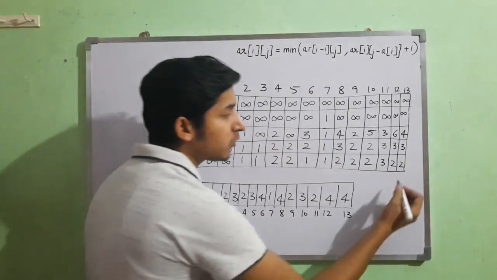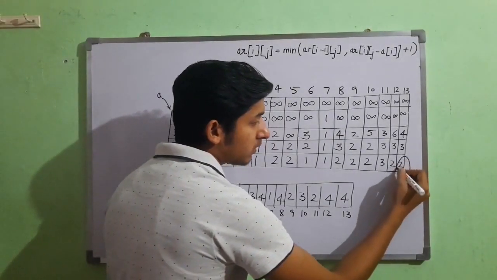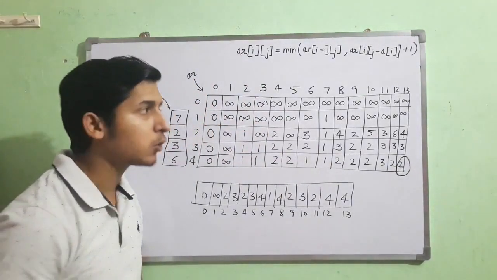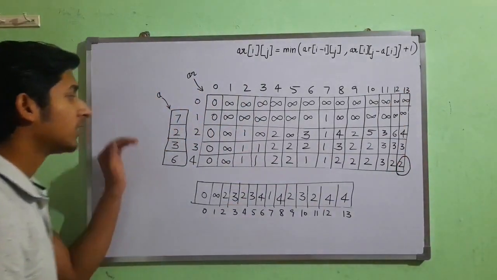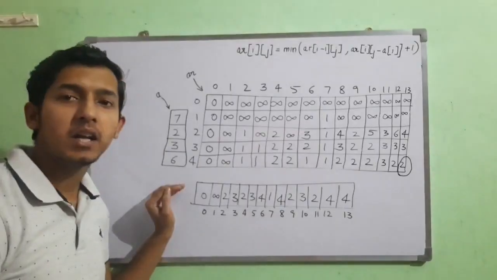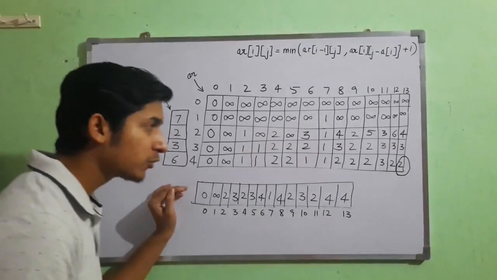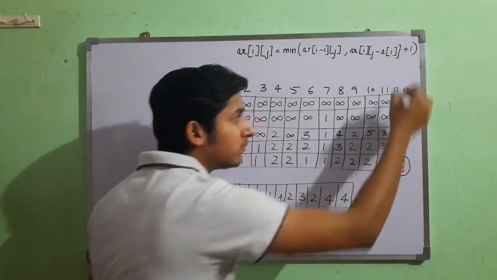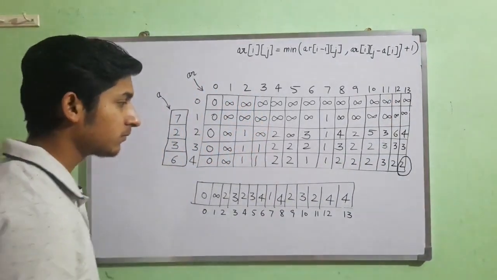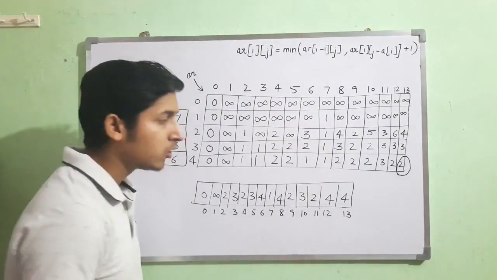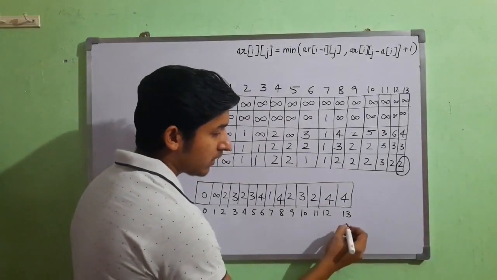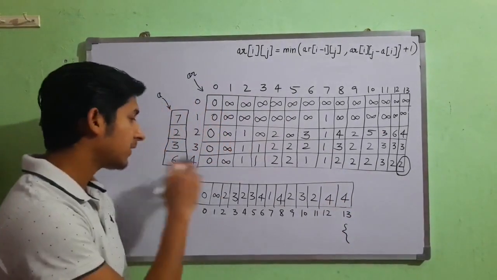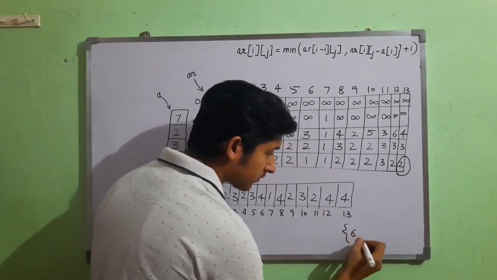So we'll be using 2 coins to get the total 13 within this system, and now we will use this array to track the coins we will be using to get this sum. Now to get the total 13, I will use the 4th coin, that will give me value 6.